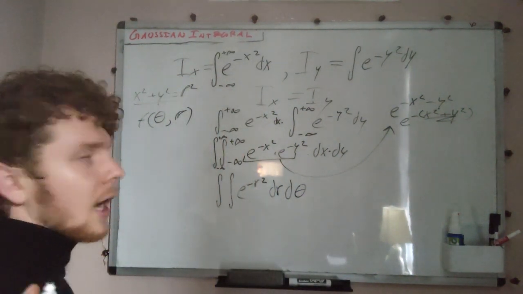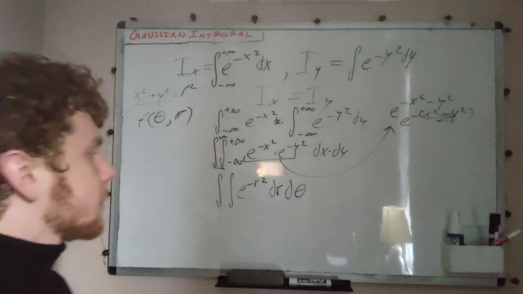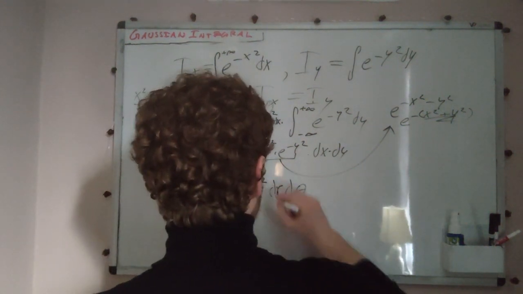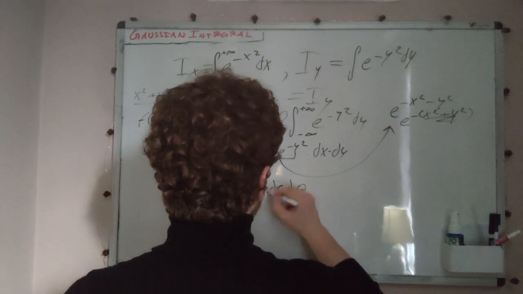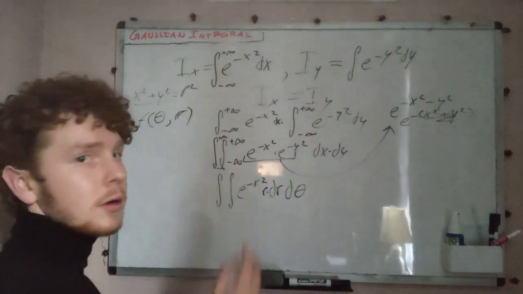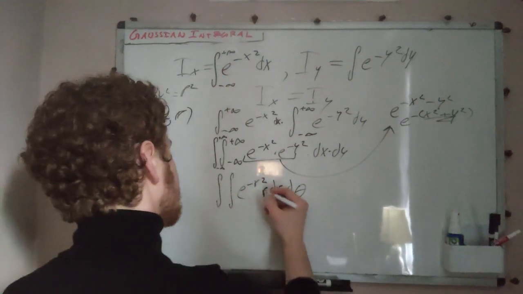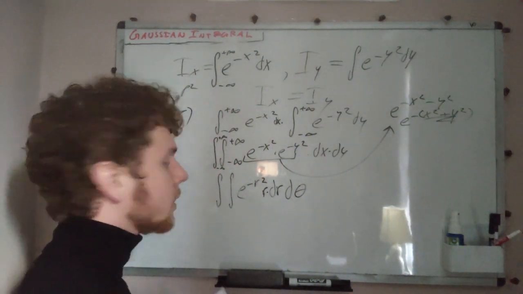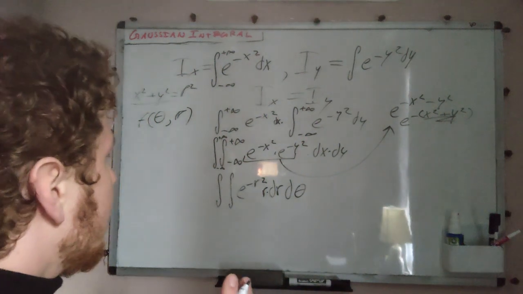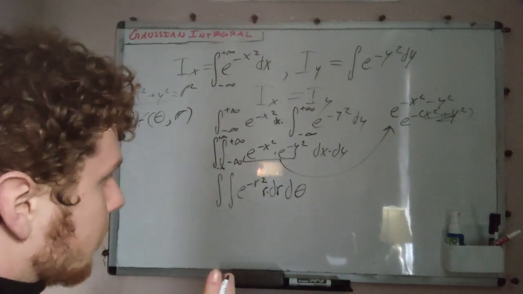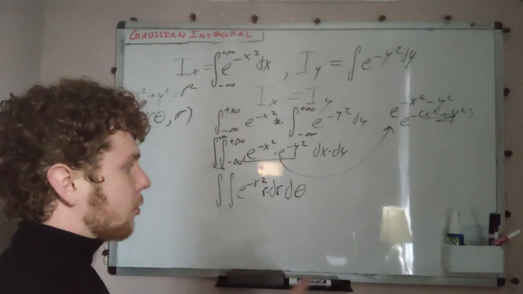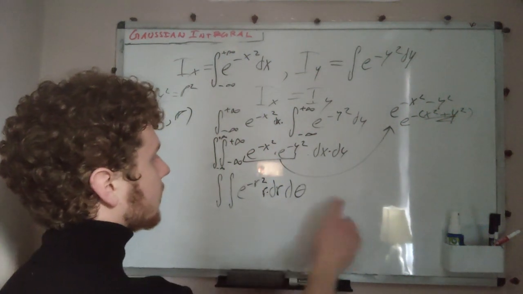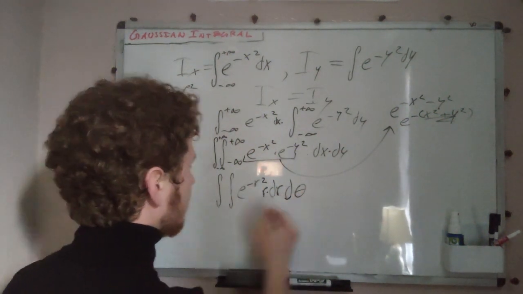And something that happens strangely when you transform from Cartesian to polar coordinates, there's an additional factor here, r, known as the Jacobian determinant. And I'll explain that in a little bit where it comes from, but it's not that important, just to know that it's there.